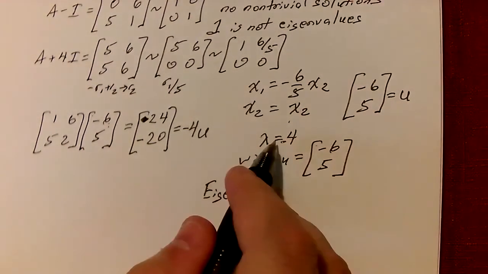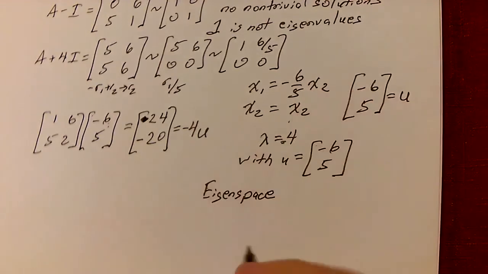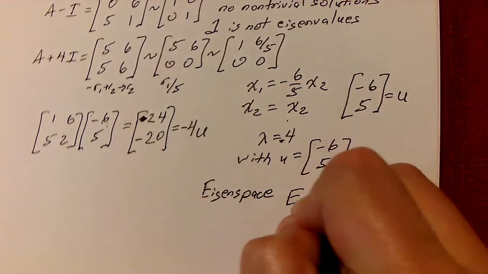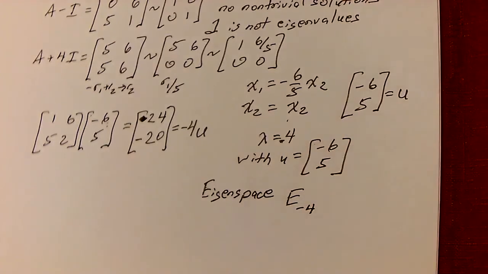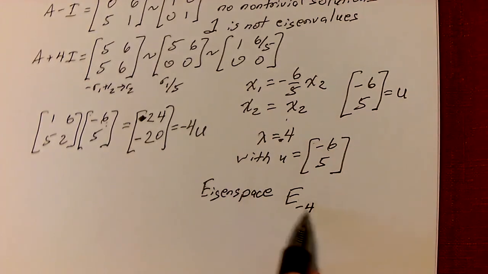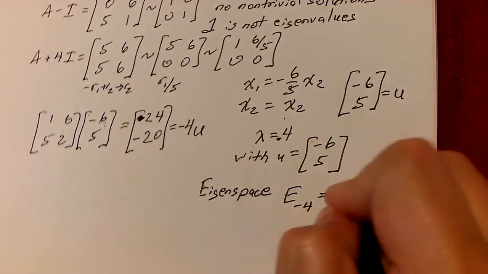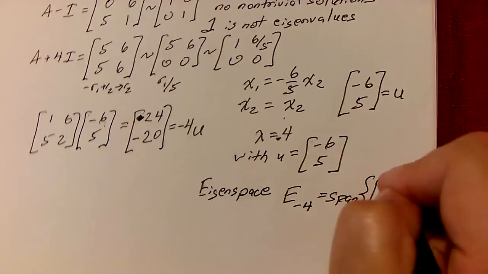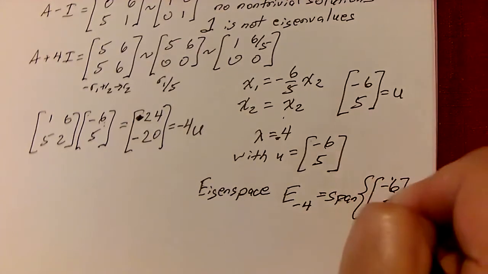I wrote negative 4 over here. Lambda is negative 4 in this example. We have an eigenspace, and the eigenspace here is going to be E with the little sub negative 4. So we're writing the eigenvalue that it corresponds to, and that eigenspace is equal to the span of all the eigenvectors.